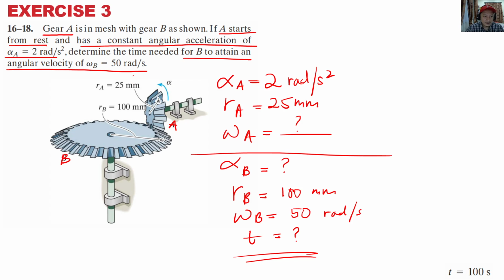Okay. So A is rotating. This is something called a bevel gear. If you look from the sides, you're going to see something like this. This is the gear.